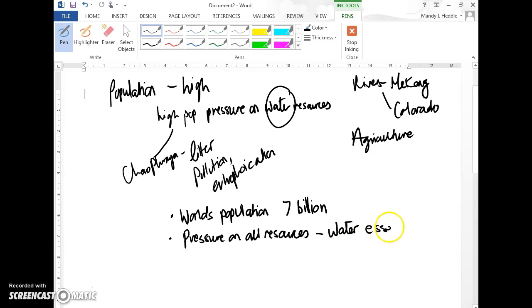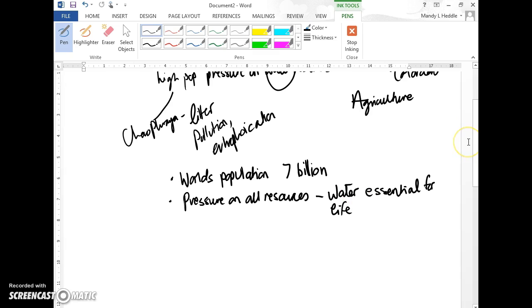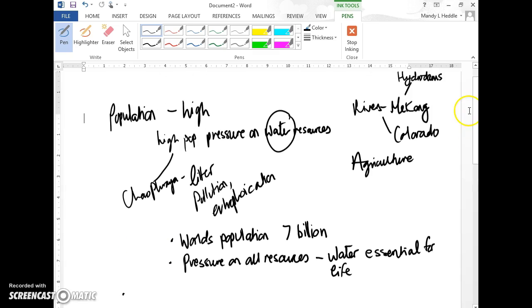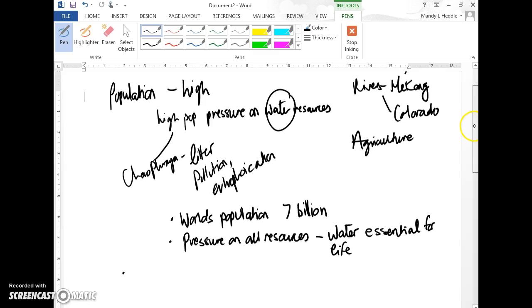The fact that water is essential for life. Okay, I really don't need to say more than that. They already know that, and it's not what they're looking for in the answer. So I might get a mark here for talking about this stuff. Now, I'm going to start talking about the different sectors that population might affect.